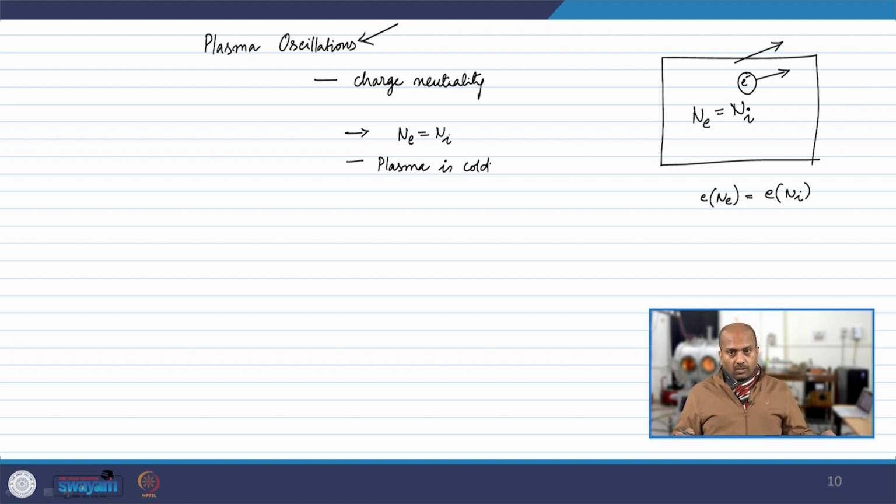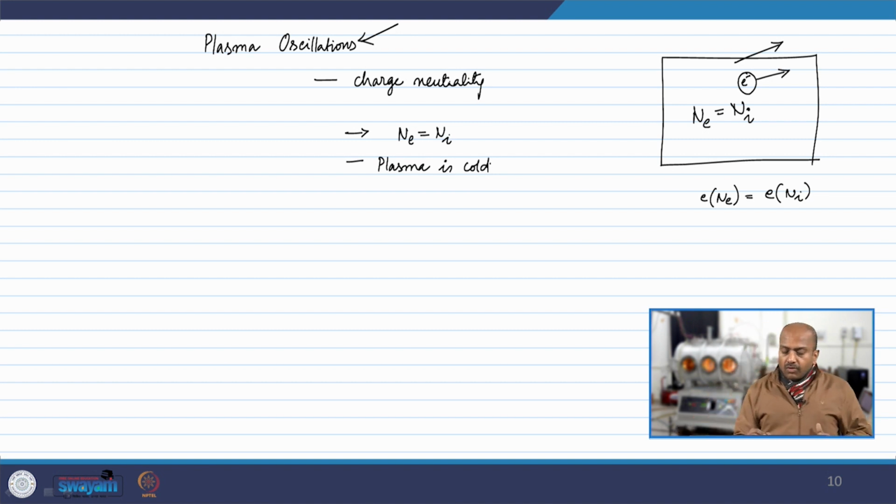Electrons and ions are not moving from one place to another as a result of the ambient temperature. So, there are no collisions, obviously. In a situation when the thermal motions are not present, we call this plasma a cold plasma, or we say that the thermal motions are negligible.